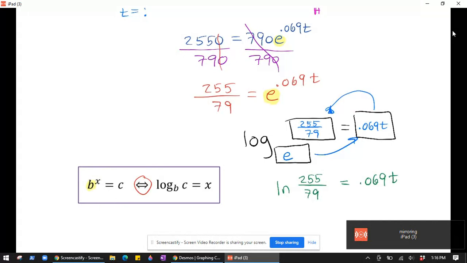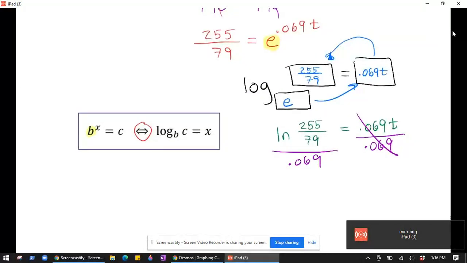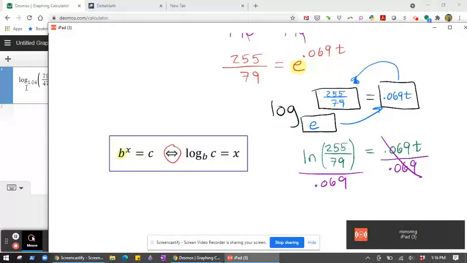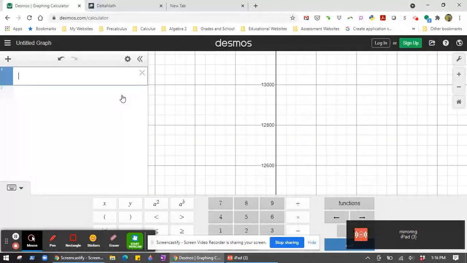The very last thing to do to solve for t is to note that we have to divide both sides by that 0.069. Okay, and so now we've got to evaluate ln of 255 over 79 divided by 0.069. Let me just indicate that that's all in the input there. So let's see what that gives us. So I clear this.